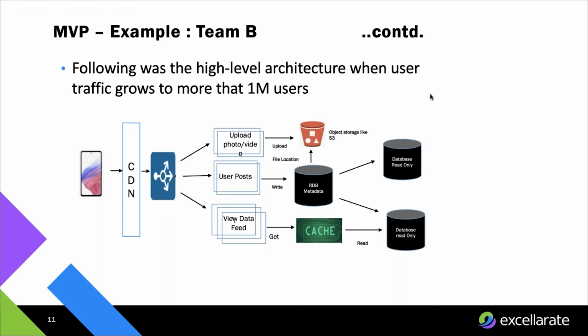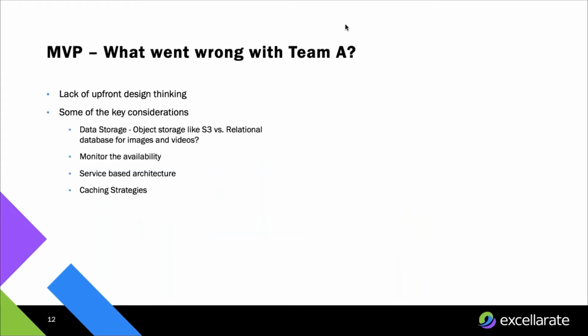So overall, this was a more scalable design, and they were able to reach this conclusion because they had those upfront decisions, those upfront kind of thinking, before they really started jumping onto the development. So what went wrong with Team A? In this case it was lack of upfront design thinking, right?